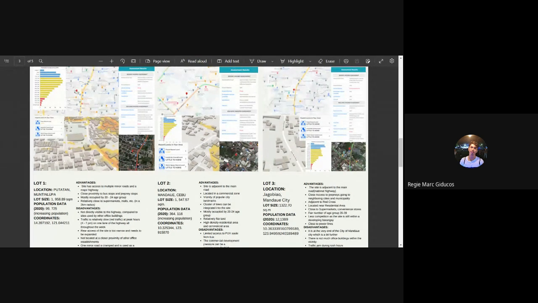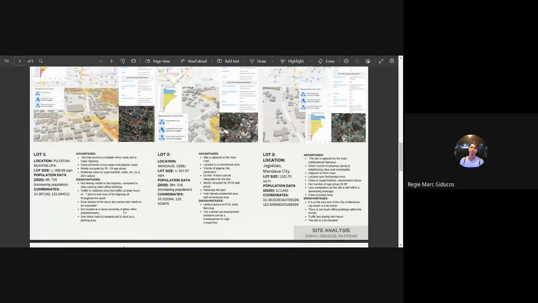The advantages of the site are that it has access to multiple minor roads and a major highway. It has close proximity to bus stops and jeepney stops, and the demographics of the site are mostly occupied by the workforce age group of 20 to 24. It is also relatively close to supermarkets, malls, etc. in a 2 kilometer radius.